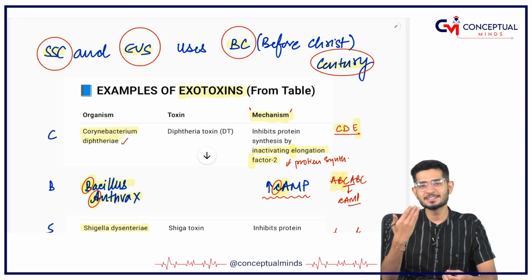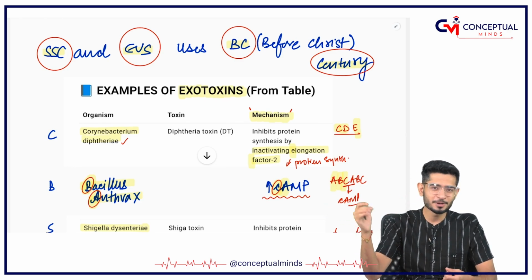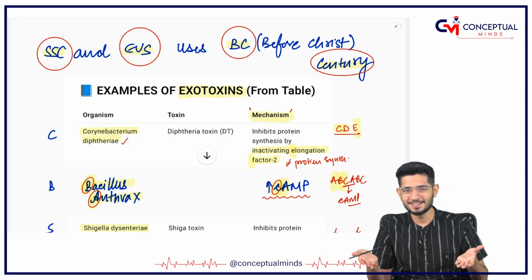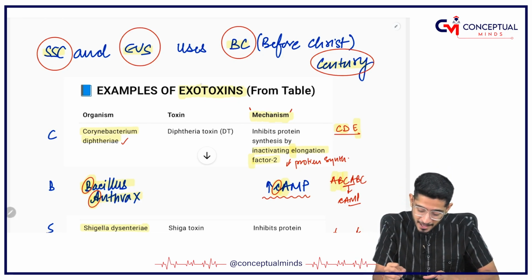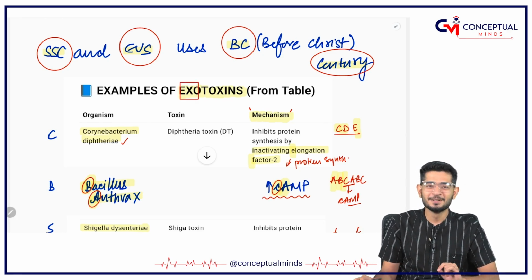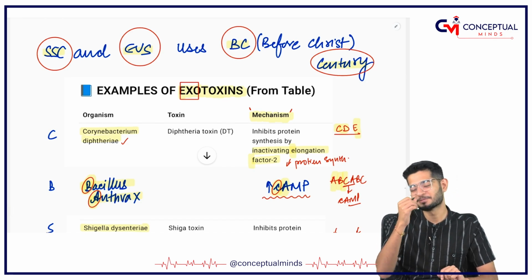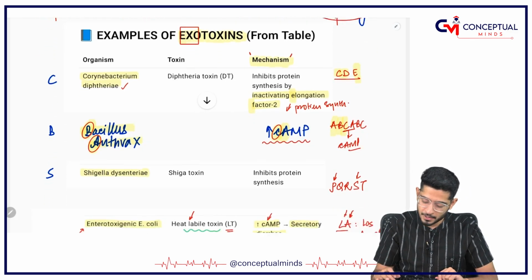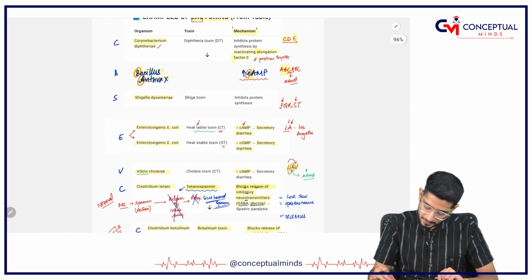Now, since EVS and SSC are exiting from your curriculum, as in now you are not reading them, these are the examples of exotoxins and not the endotoxins. I know this might be a little weird mnemonic, but this is the perfect way to remember. SSC, EVS, use BC, before Christ century. So what are the examples?